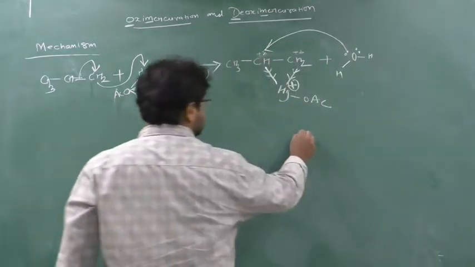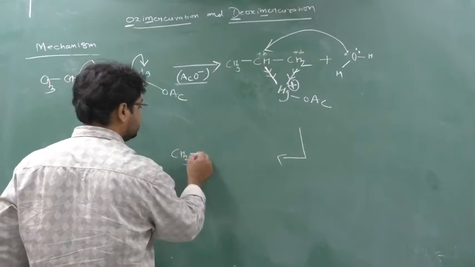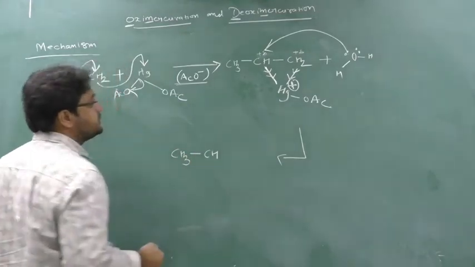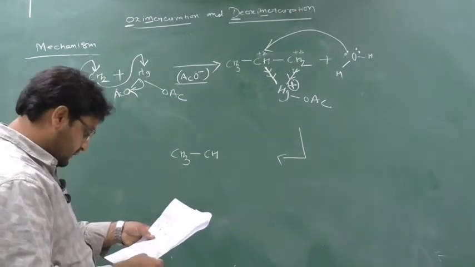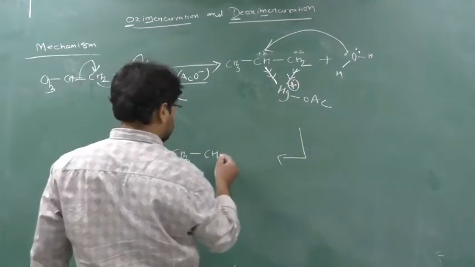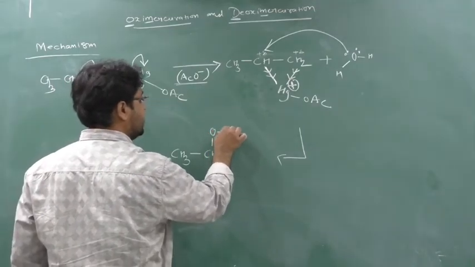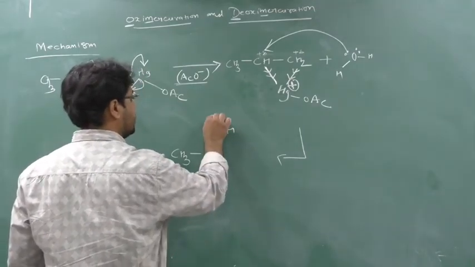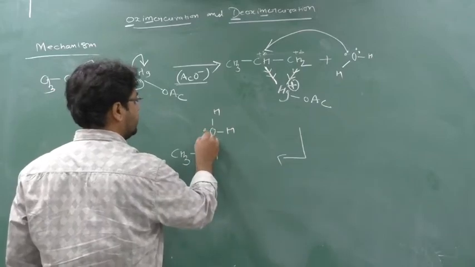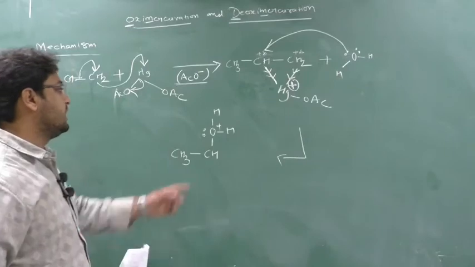So what will happen, we will see here. This compound will be CH3, CH, CH3, CH, clear this part? Here oxygen will come with H and one more H, yes or no? One lone pair and partially positive charge, because he is giving the lone pair. One who gives the electron creates positive charge.